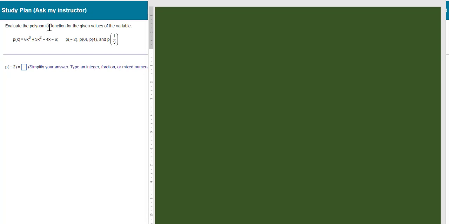It says evaluate the polynomial function for given values of the variable, and you are given a polynomial p(x) is equal to 6x cubed plus 3x squared minus 4x minus 6, and the values for x that are given to you are -2, that is when they say find what is p(-2).